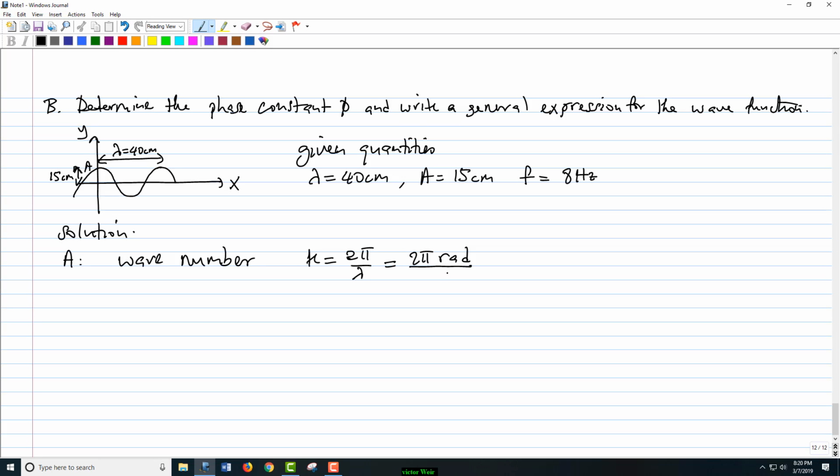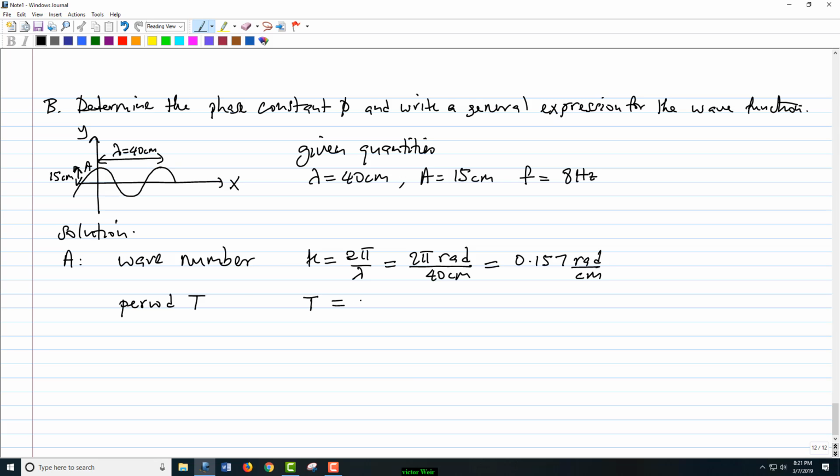So we can say this is equal to 2 pi radians over 40 centimeters, which we can write as 0.157 radians per centimeter.